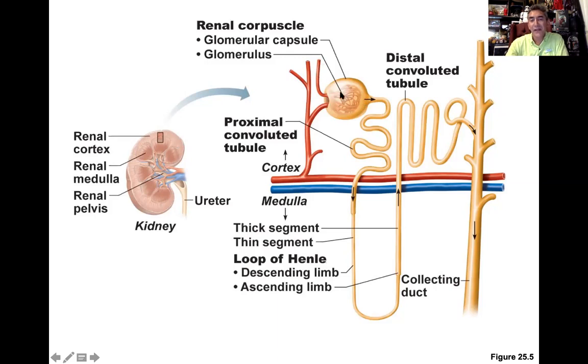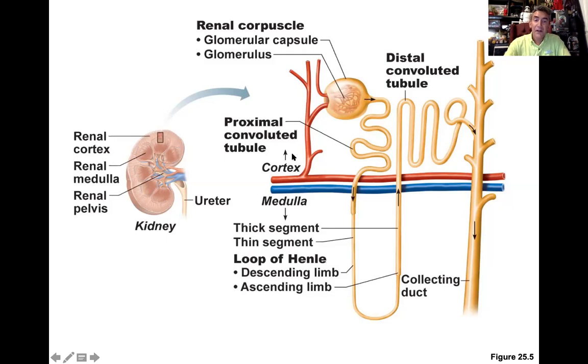So here we have the fluid, the plasma being forced out into Bowman's capsule, into the glomerular capsule. And that liquid is going to travel down the proximal convoluted tubules, loop of Henle, distal convoluted tubules, and finally the collecting duct.